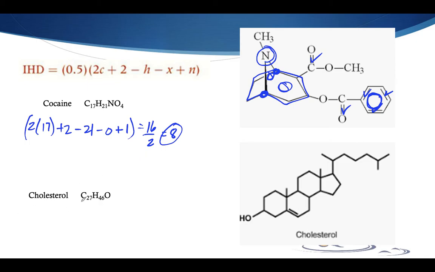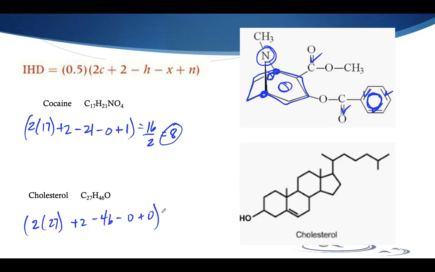Let's check out cholesterol and do the same thing with that. I've got 2 times 27 carbons plus 2 minus 46, and then nothing else here. So 2 times 27 is 54. 54 plus 2 is 56.